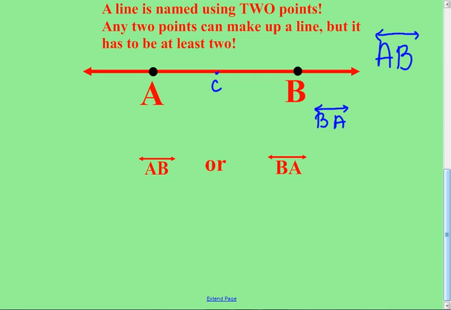There it is. That's 2 ways to write the name of that line. There are other ways, but that's enough for today. Okay? Any 2 points will give you a line. Don't forget the little arrows on the top because that's important because it's wrong if you don't do that.